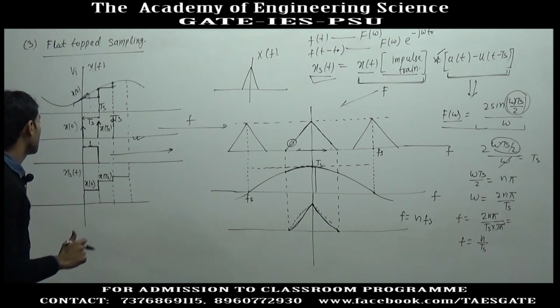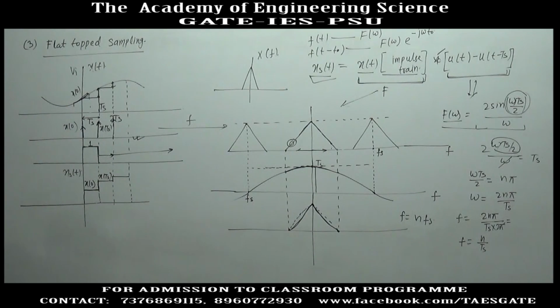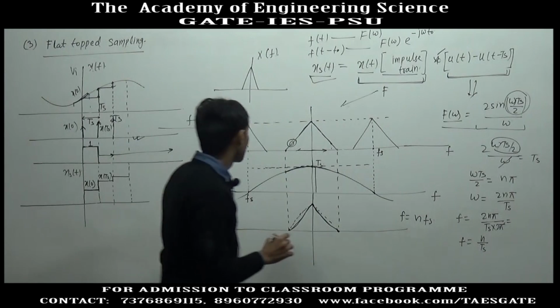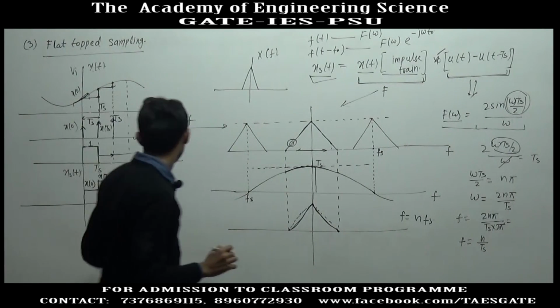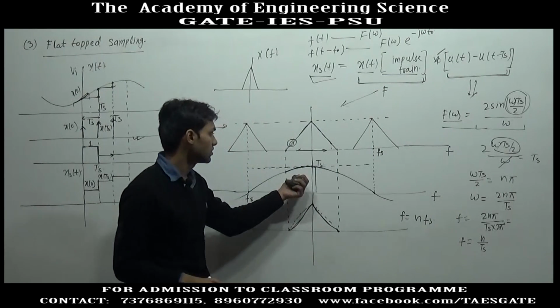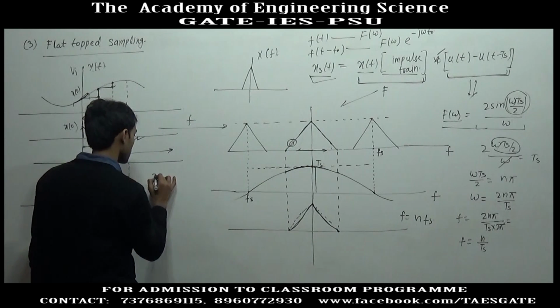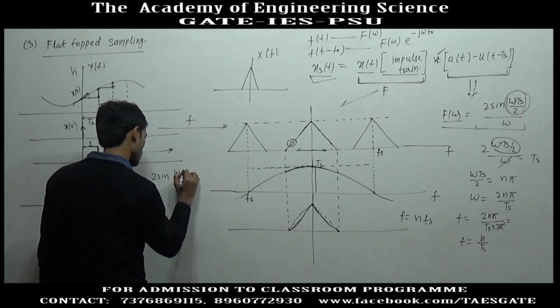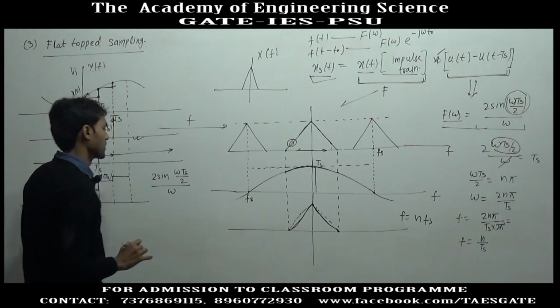Now, suppose this pulse width is increased. This is Ts. If we increase Ts, what will be the change in this frequency transform? This is 2 sin omega Ts by 2 divided by omega.